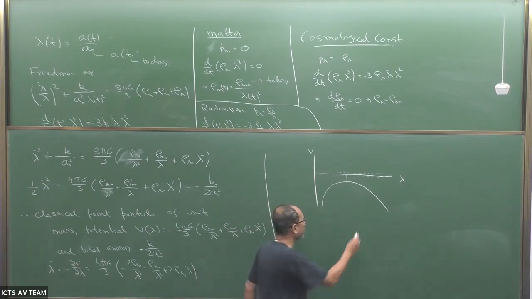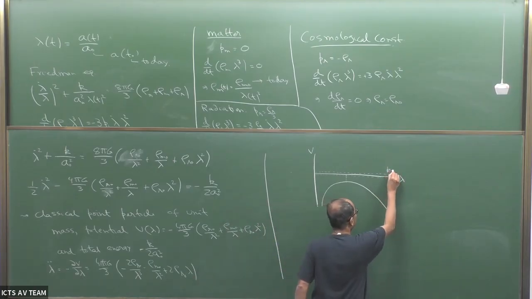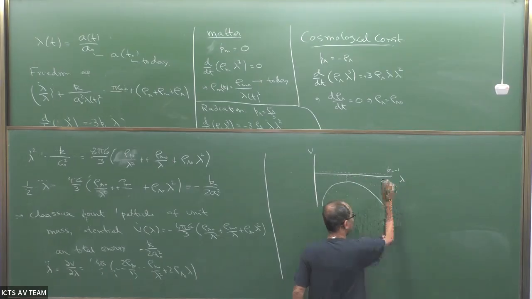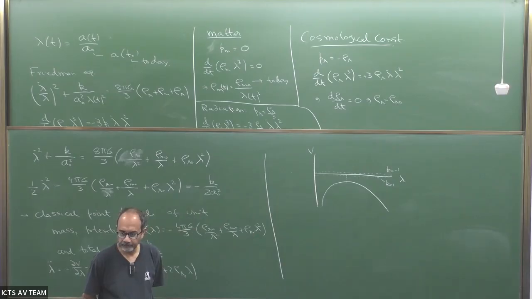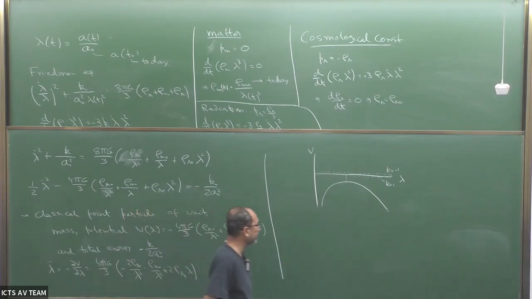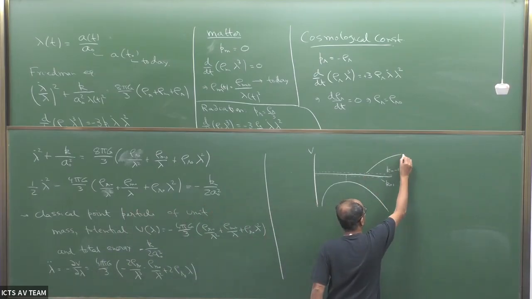So this is the case when k is equal to minus 1. This is the case when k is equal to 1. And this is the k equal to 0 case. So this is the total energy in the same plot.